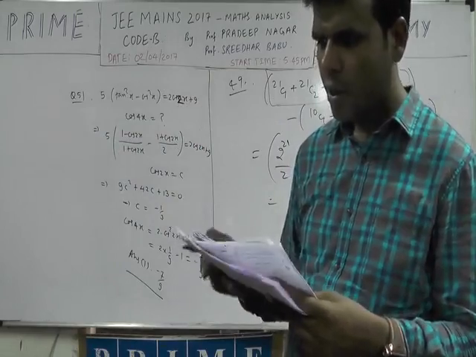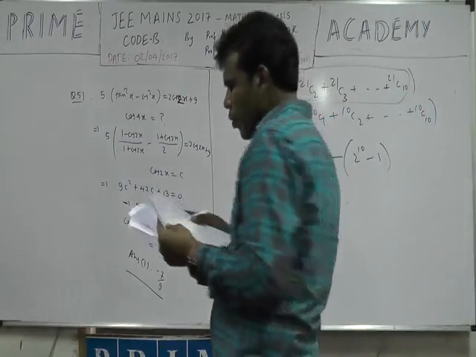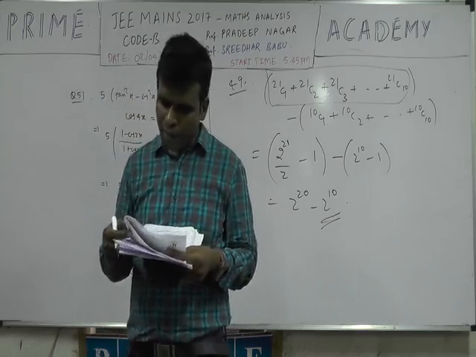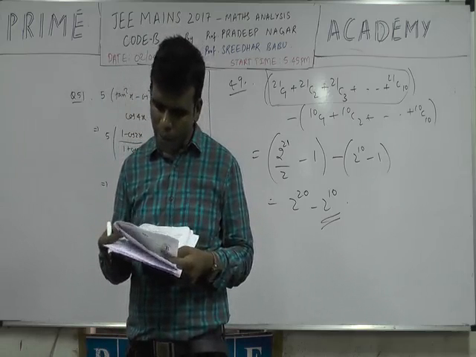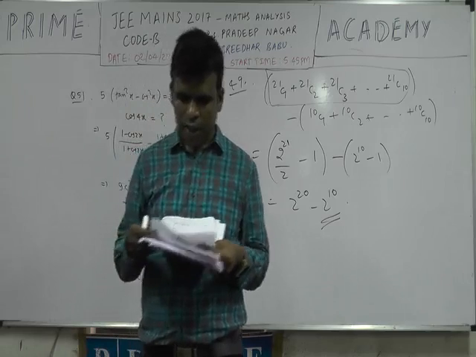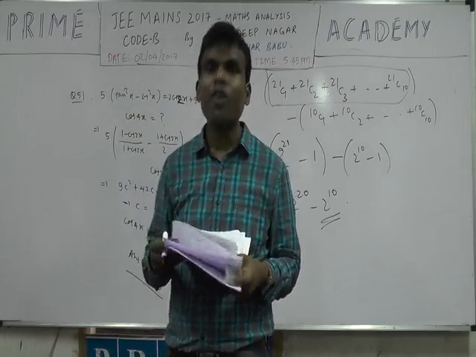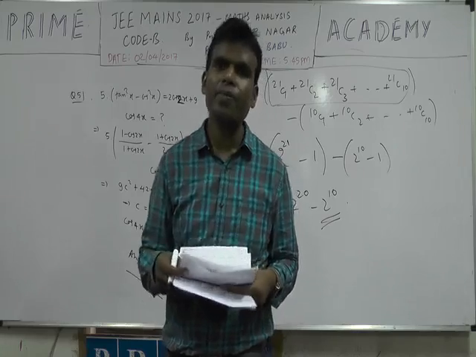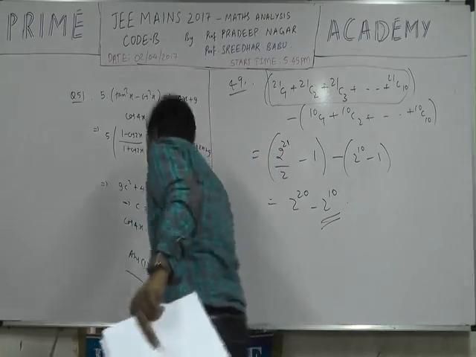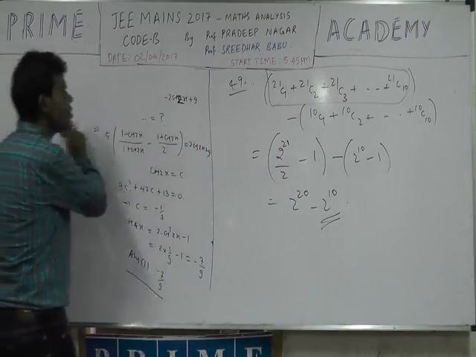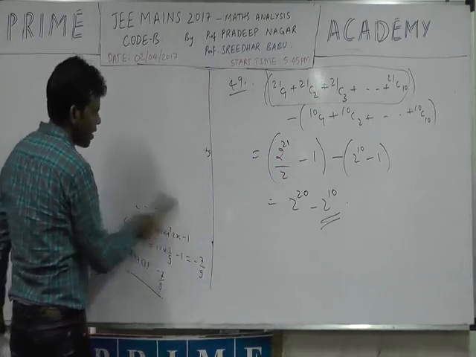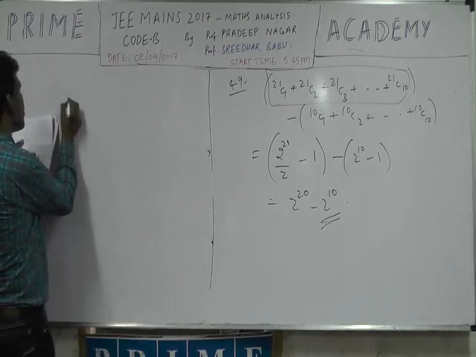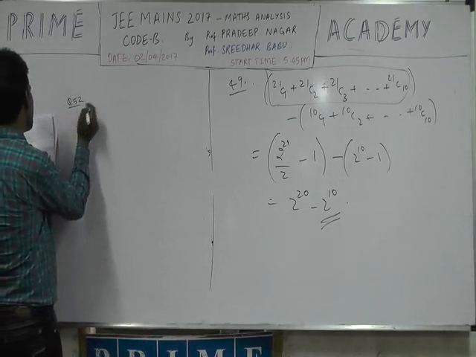Next, 52. They are saying that the image of a particular point in a plane measured along some particular line is Q. Then they are talking about PQ. To get PQ, you should find the distance of the point from the plane measured along the given line.